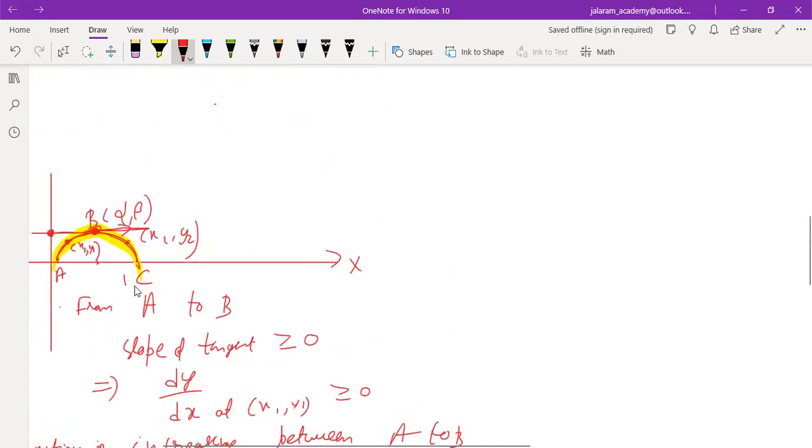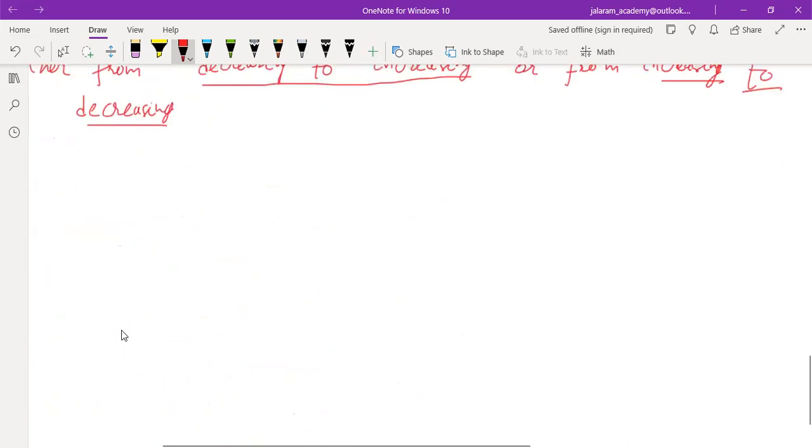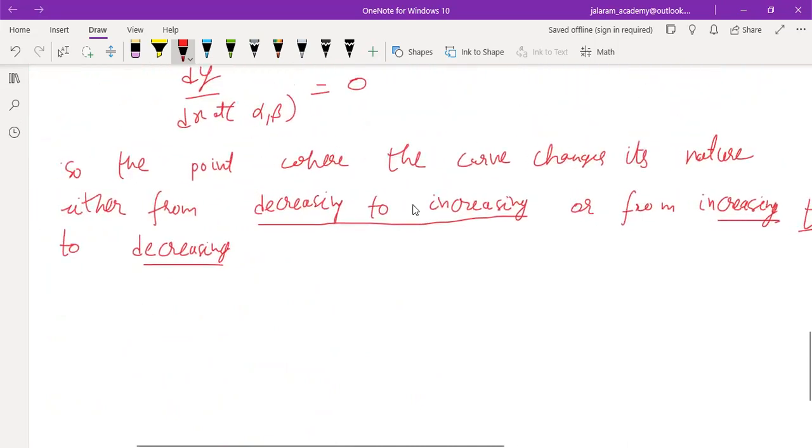First it is increasing from A to B, then decreases from B to C. So the point where the curve changes its nature either from decreasing to increasing or from increasing to decreasing, that is the point of maxima or the point of minima.